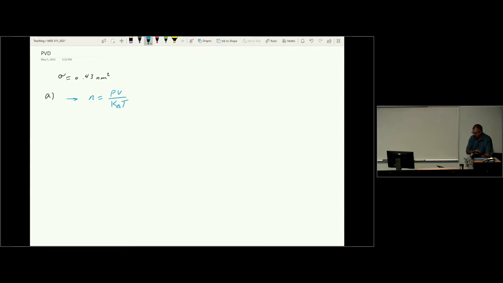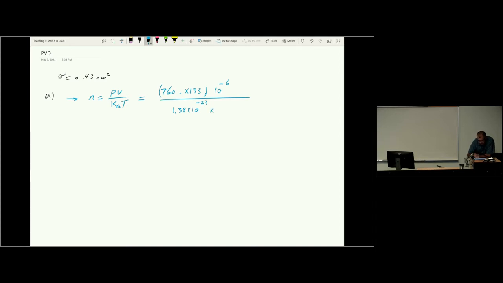At atmospheric pressure, this is 760 torrs times 133 pascals per torr. So this is the pressure at atmospheric pressure. The volume is 1 cubic centimeter, so that's 10 to the minus 6 meters cubed. And Kb is the Boltzmann constant, 1.38 times 10 to the minus 23 joules per Kelvin, times the temperature.